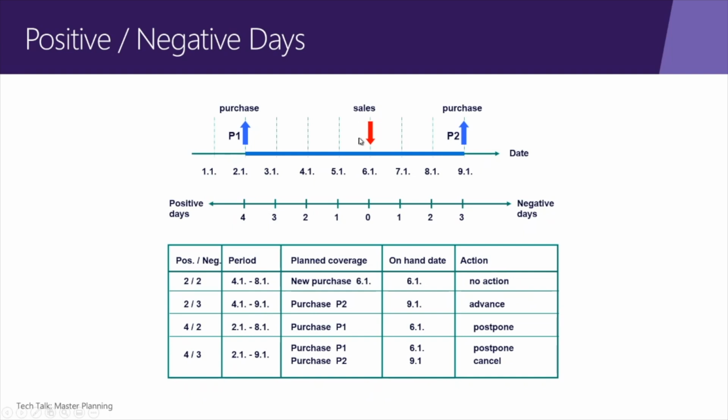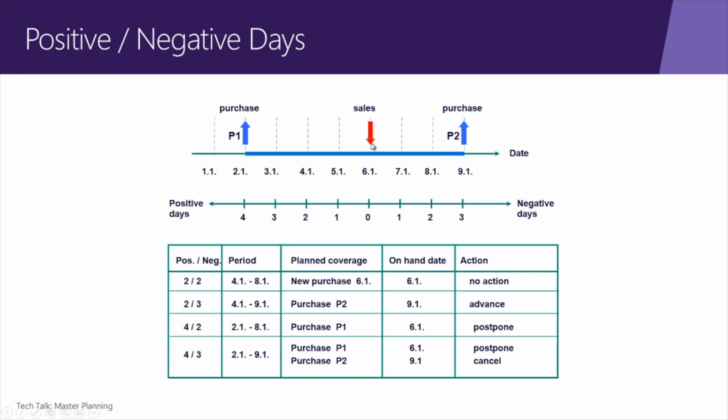So in that case, MRP will balance the demand here with the supply coming from P2, but you will have to make sure that at least then the negative days is set to 3. Because there is a 3-day difference between this.